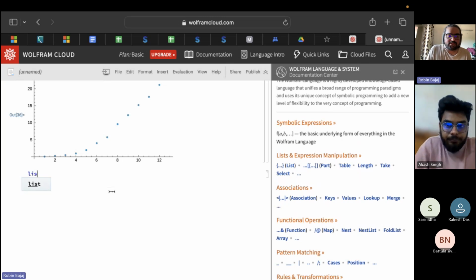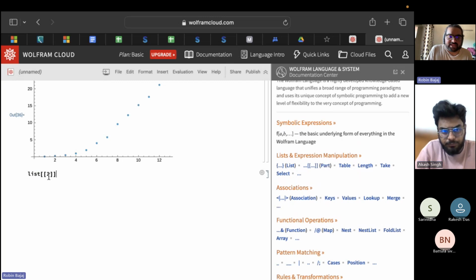For example, you have this list and you want to change the value of the second part. So here I am using the part. Second element I want to change to, instead of 0.5, let's say I want to make it 0.9. I'll do this. Okay.